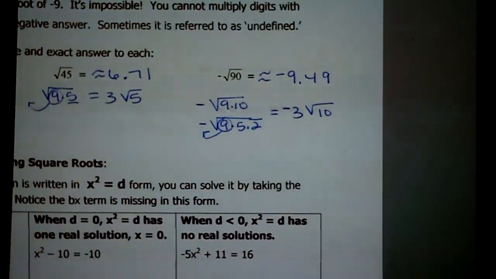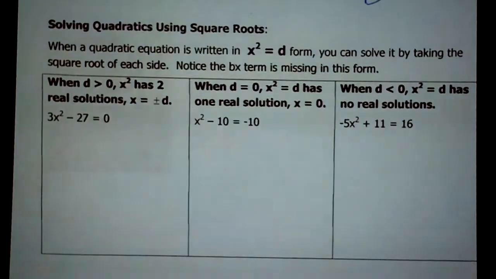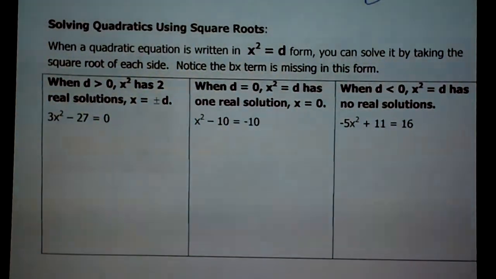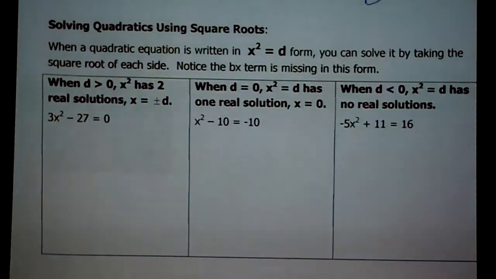Good. All right. So let's apply this to quadratics now. Solving quadratics using square roots. Okay. So we learned that it's nice to factor quadratics and it's nice to graph quadratics when they're in standard form of ax squared plus bx plus c equals 0, right?